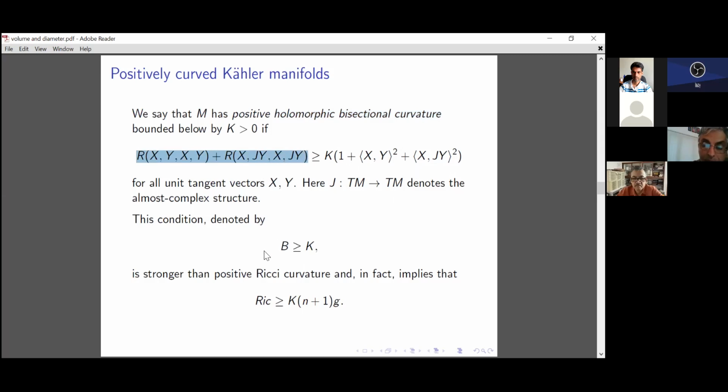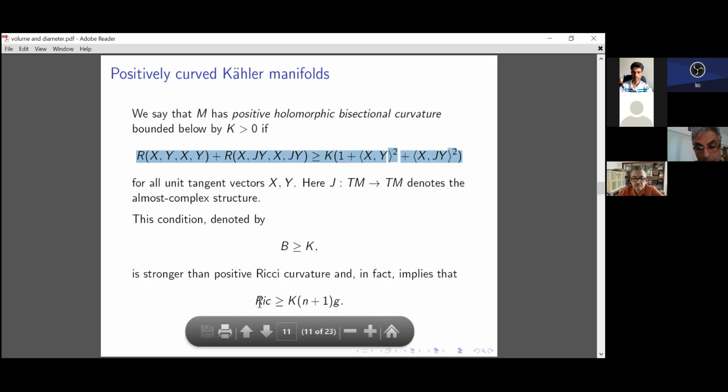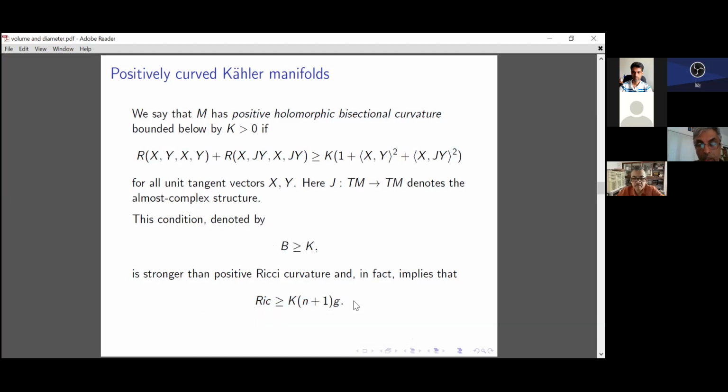So it's certainly much weaker than demanding that all sectional curvatures are bigger than something. But it's strong enough that it is actually stronger than positive Ricci curvature. So this condition here implies this. Now, it's not very intuitive why one would consider this kind of thing at all to begin with.